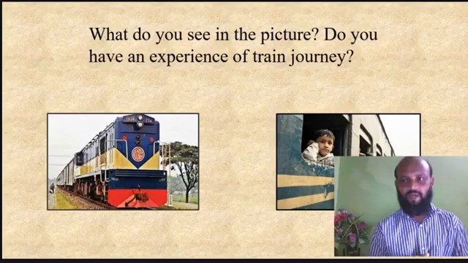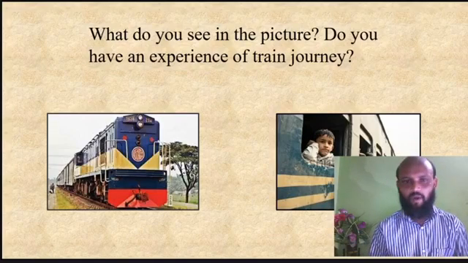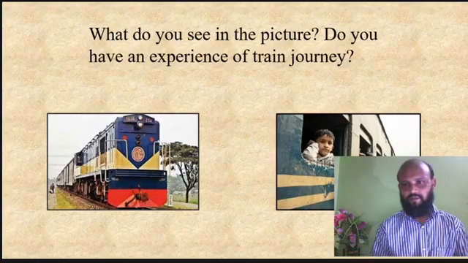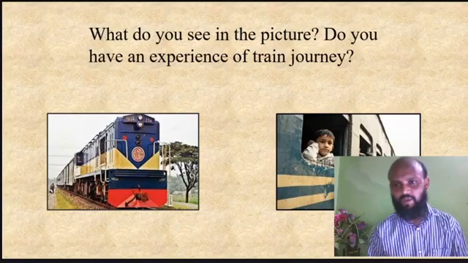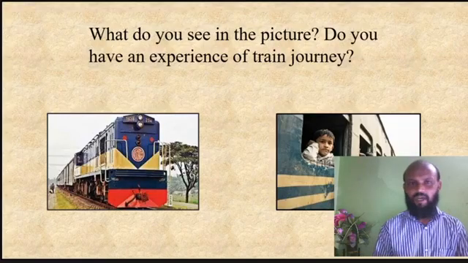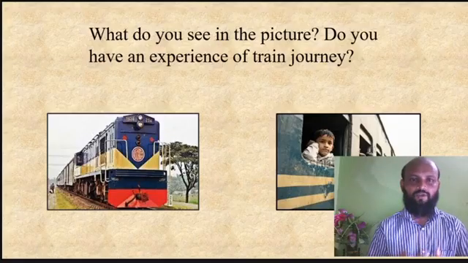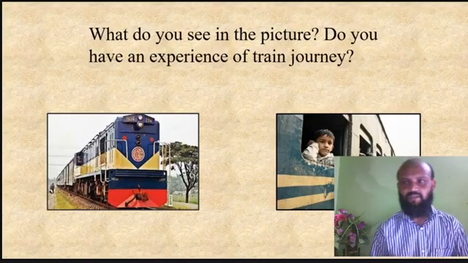A train is running. You also see a boy looking through the window of a train. Probably he's traveling somewhere. Do you have an experience of a train journey? I hope all of you or some of you have some experience of a journey by train.